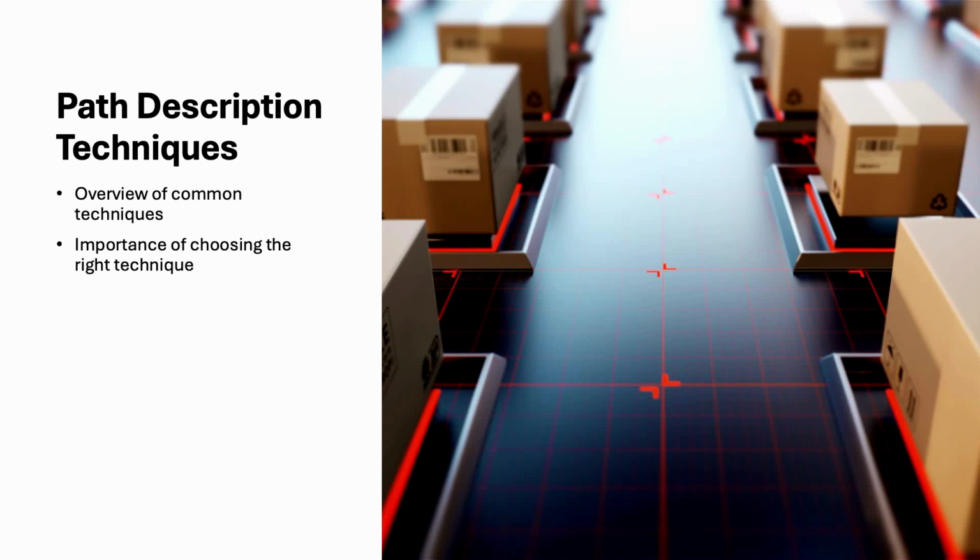For instance, waypoint navigation might be sufficient for a robot operating in a structured and predictable environment, while a dynamic and cluttered environment might require more sophisticated techniques like graph-based methods or potential fields. The right technique ensures that the robot can navigate safely, efficiently, and reliably, ultimately enhancing its performance and effectiveness in completing tasks.